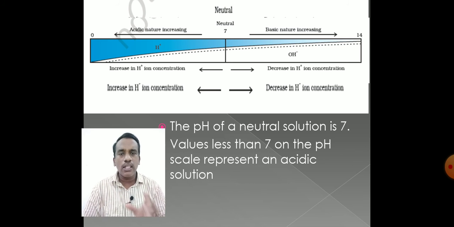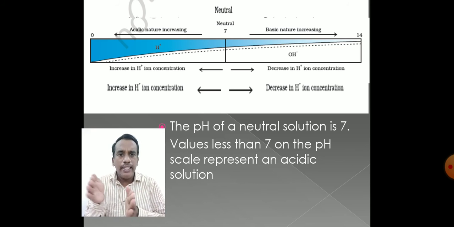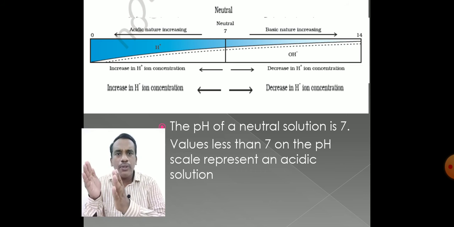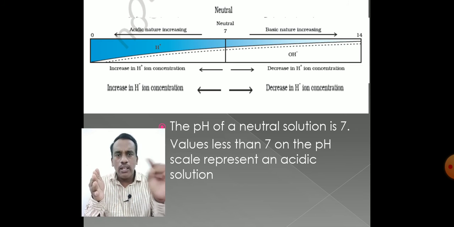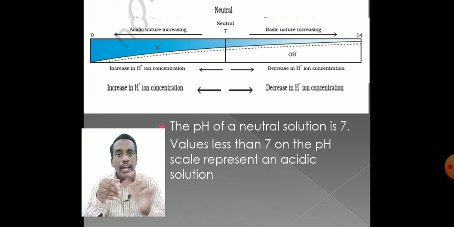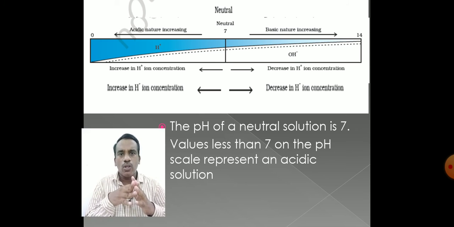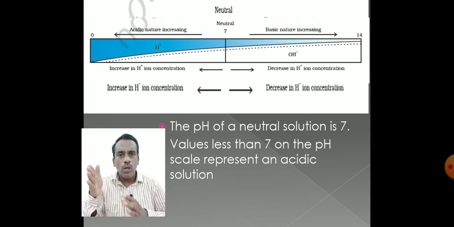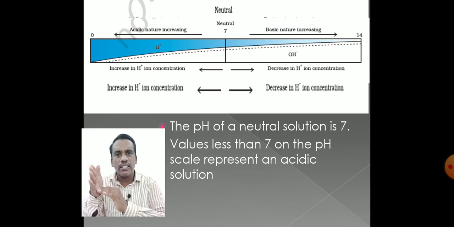But the compounds that are nearer to 0, can you observe the above diagram, children? The blue color line has more H plus ion concentration, and the white color explains there are more OH minus ions. When you come to 0, the white color is very less. It indicates there are no OH minus ions, but more H plus ions.